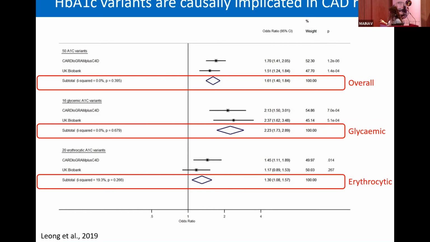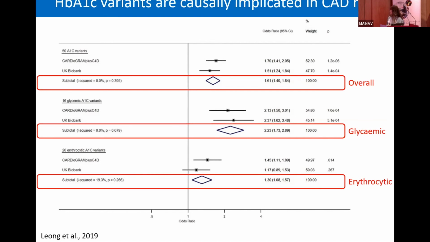And this is quite interesting, because most people thought that only the glycemic ones would increase your risk of cardiovascular disease, but actually it's very consistent with what people have been studying in red blood cell traits, which have demonstrated that things that affect red blood cell traits themselves are risk factors for coronary artery disease. So in a more circuitous way, we found variants that affect HbA1c through this mechanism, and they too are associated with cardiovascular disease.